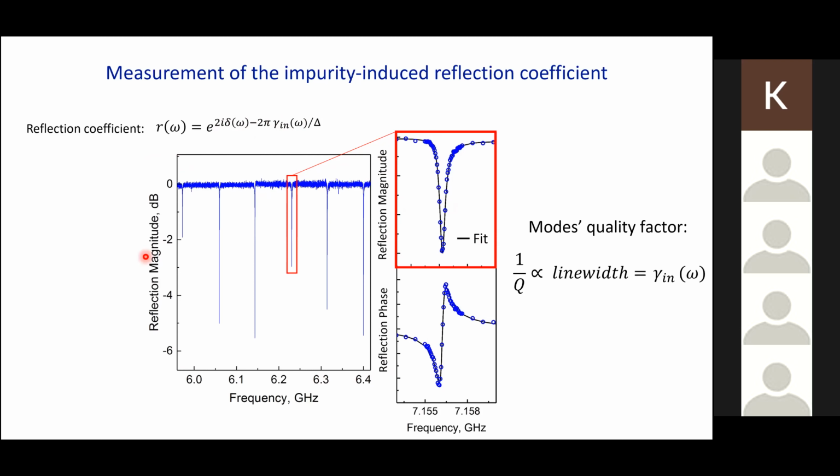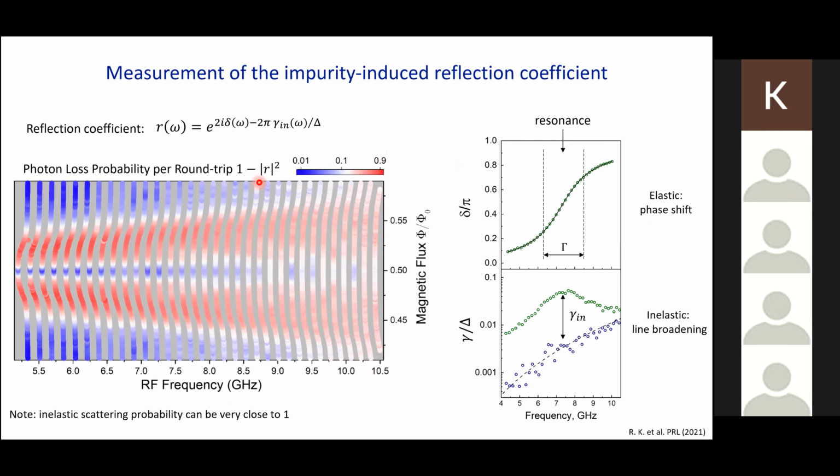So now we repeat this experiment at different flux points, and what we get is shown here. It's an example of an output of our analog quantum simulator.